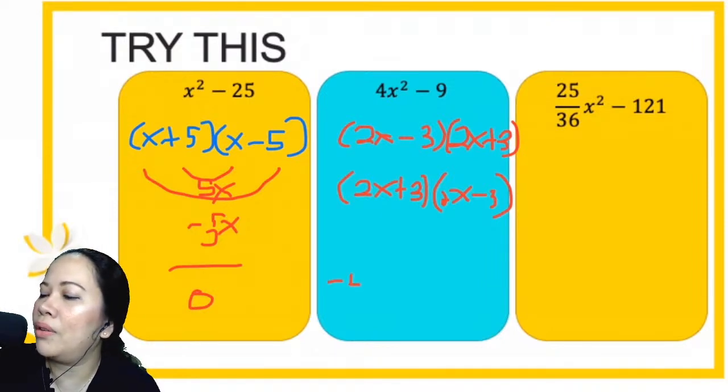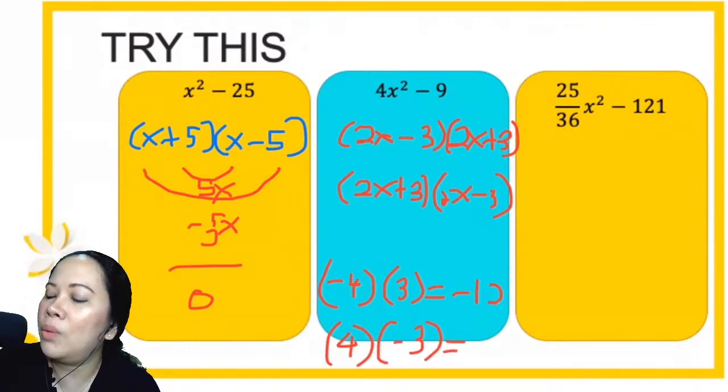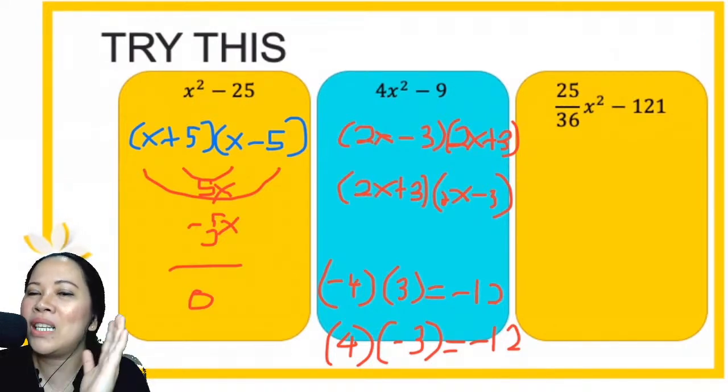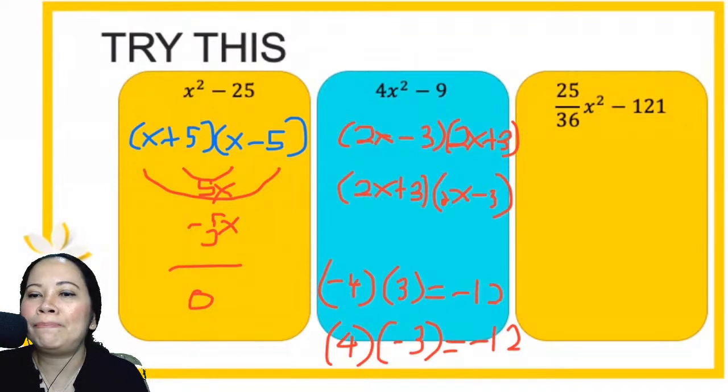Let's say you have negative 4 times 3. That would still give you a negative 12, right? Whether I put positive 4 times negative 3, that would still give you a negative 12. So does the negative and the positive matter on how it's being positioned? No, because it's multiplication. It would still give you a negative number.